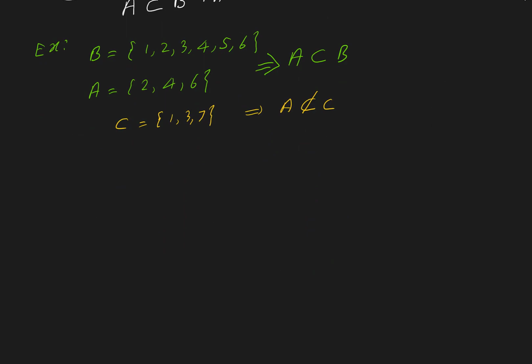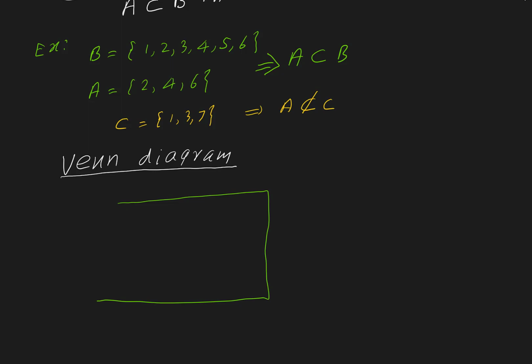Then let me explain the Venn diagram. Sets and relationships between sets can be conveniently portrayed by using Venn diagrams. First, let me show you how to use a Venn diagram to demonstrate this example, sets A and B. B is a big set, but we need the universal set.